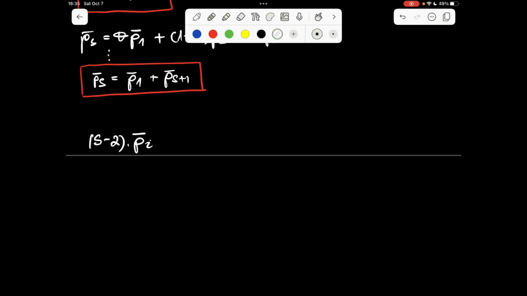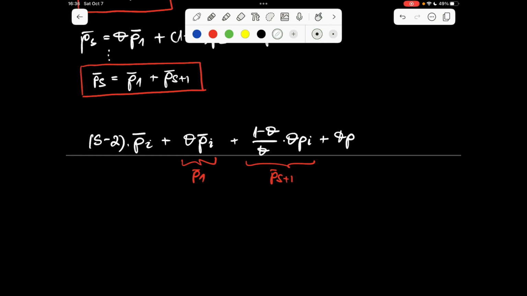So we have S minus 2 pieces of Pi, to which we add P1, this is P S plus 1, and this is again P1.